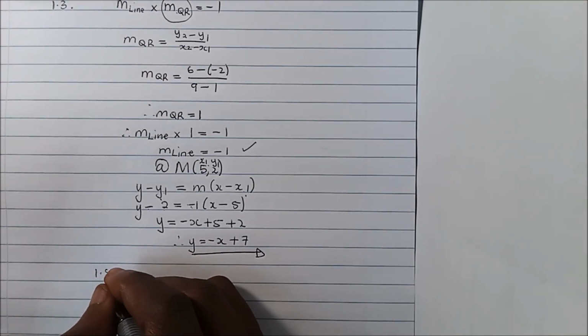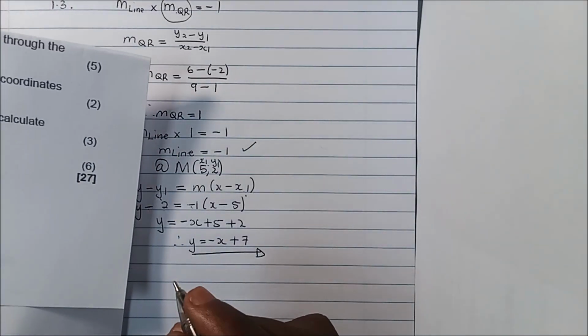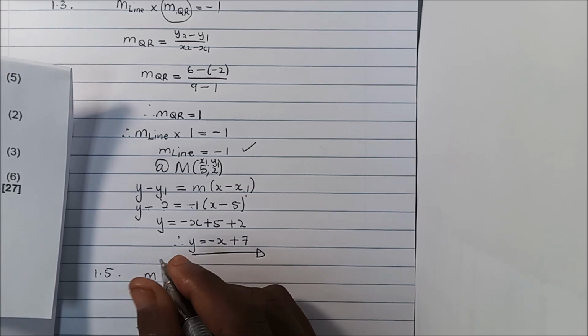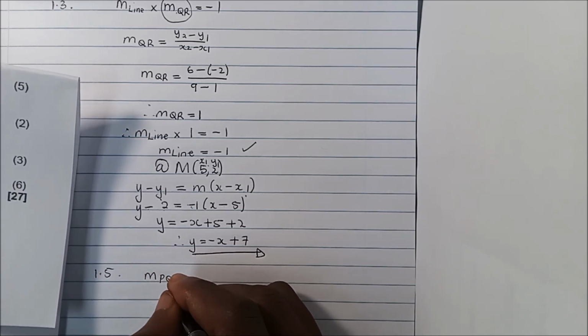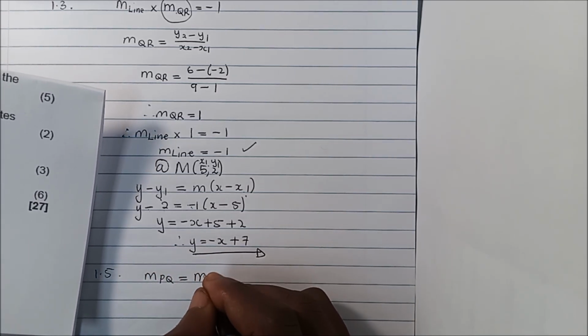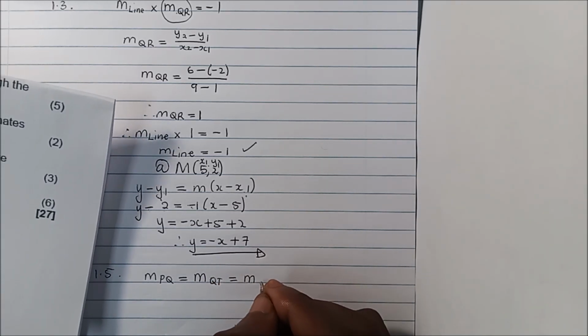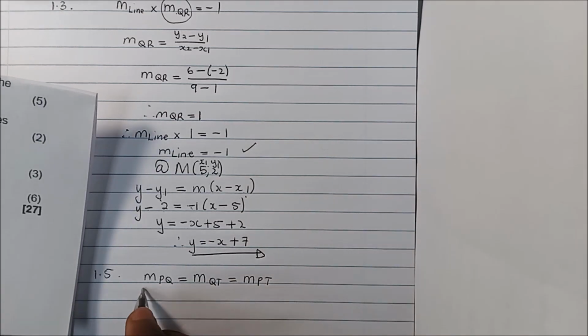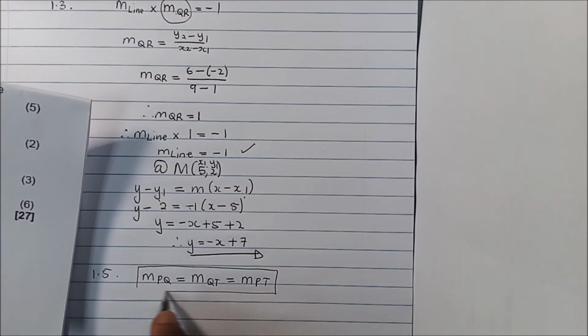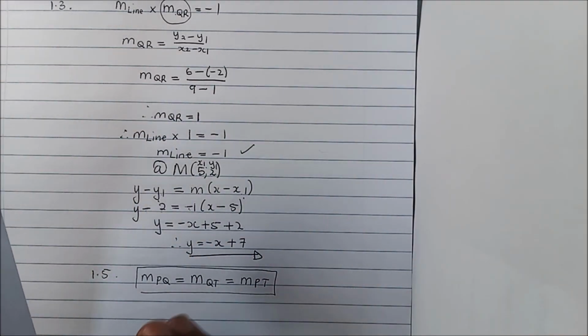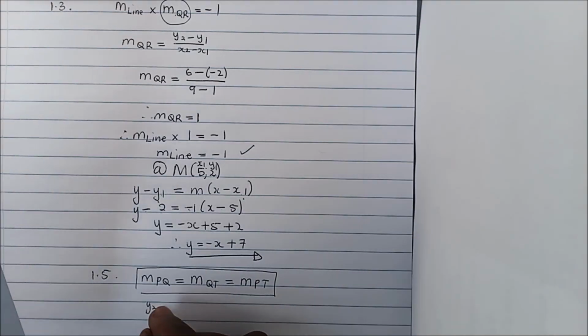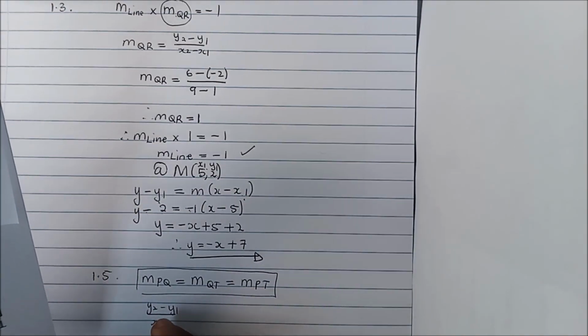I'm just going to give you a hint. If they say points are collinear, start with the gradient of PQ equal to the gradient of QT equal to the gradient of PT. So this is what you must write first, and then expand them like y2 minus y1 divided by x2 minus x1.